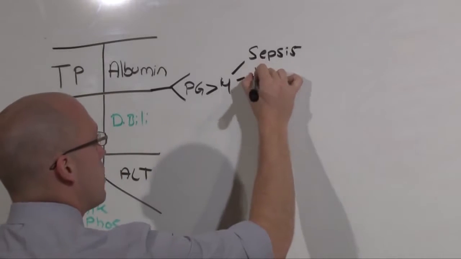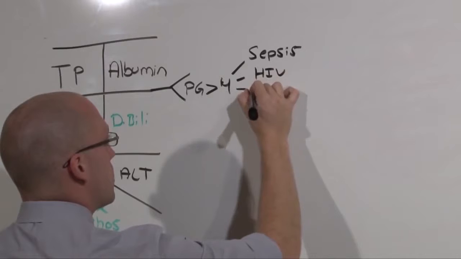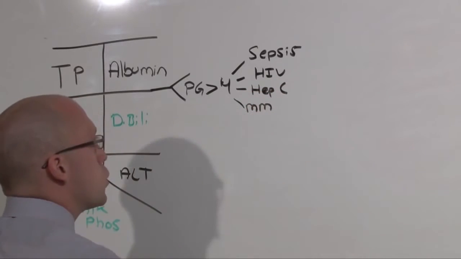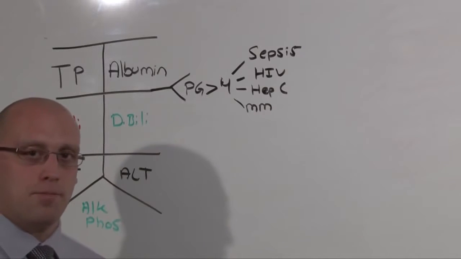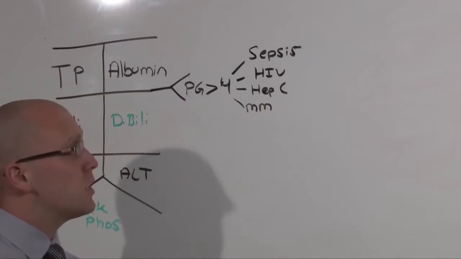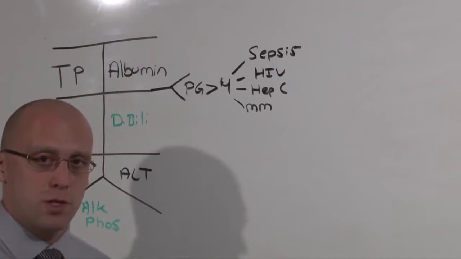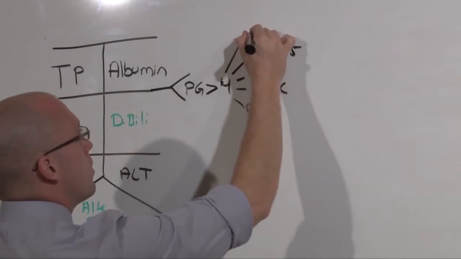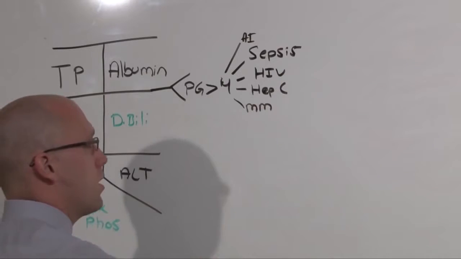That is HIV, Hep C, and multiple myeloma. So if you see an elevated protein gap, and the clinical scenario doesn't say there's some sort of inflammatory state, sepsis or autoimmune, we'll put autoimmune on here as well, that's when you go screening people for HIV and Hep C.